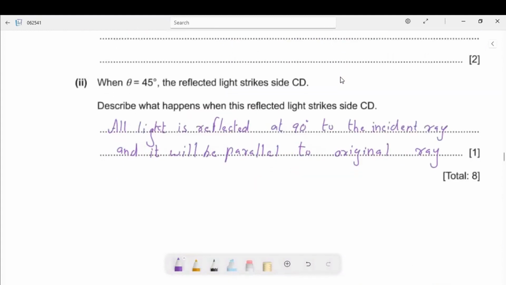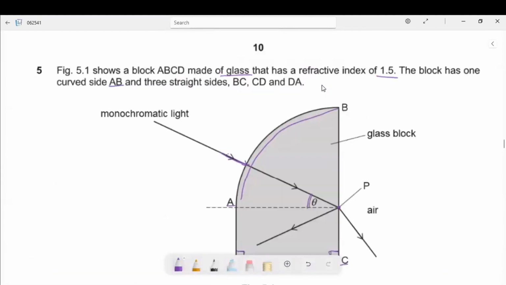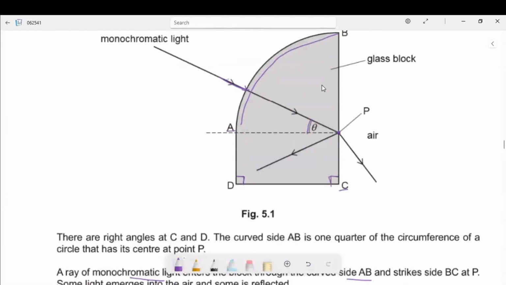When theta equals 45 degrees, the reflected light strikes side CD. Describe what happens when this reflected light strikes CD. So here theta is 45. It is striking this point and the reflected light strikes CD. Then all light is reflected at 90 degrees.